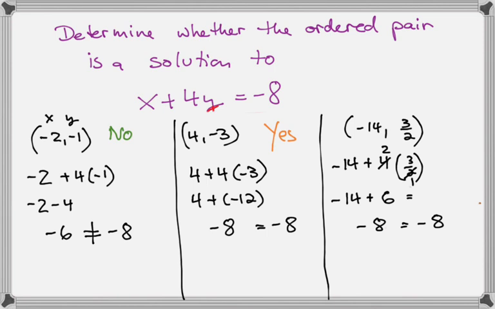Okay, so these 2 points are actually true. If I were to plot this line, I could just plot these 2 points, and that would give me a straight line.